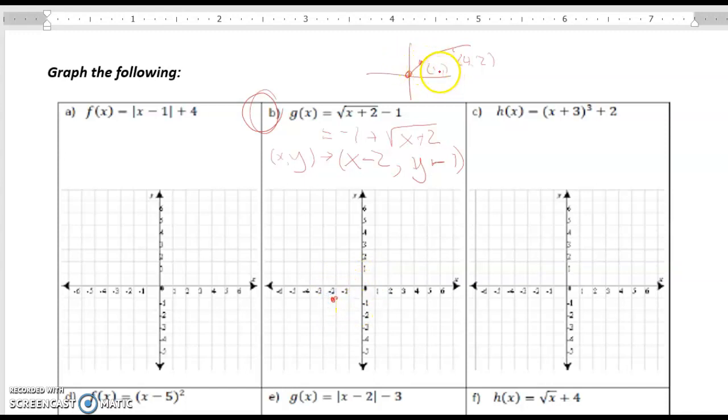I'm going to take my point 1, 1, and I'm going to move it left 2 and down 1. I'm going to take that last point that we know, 4, 2, and move it left 2 and down 1. These axes are not the greatest, but my curve's going to look like that.